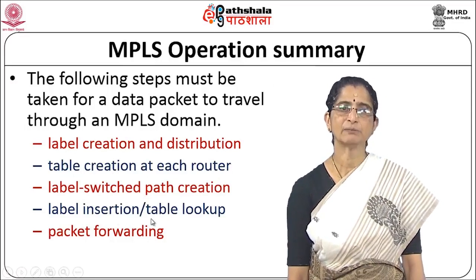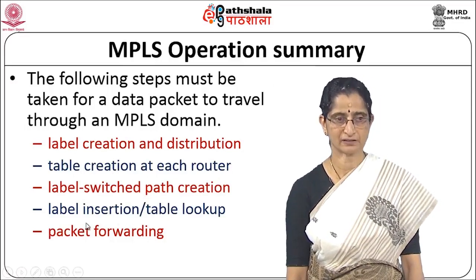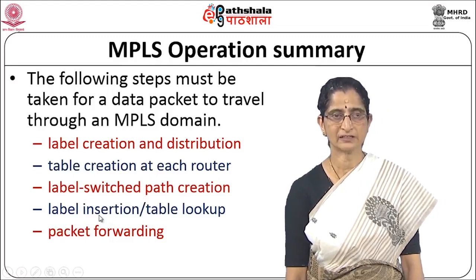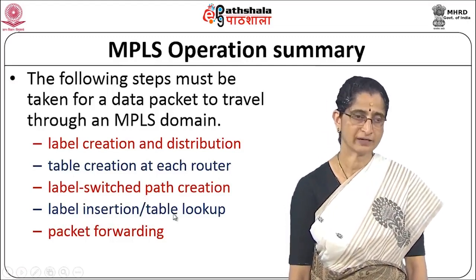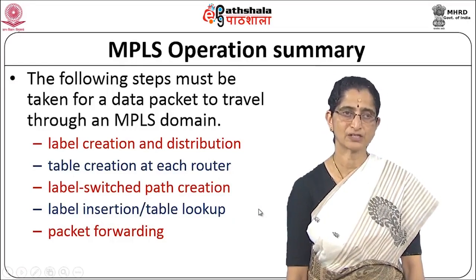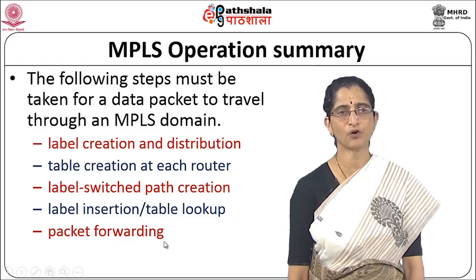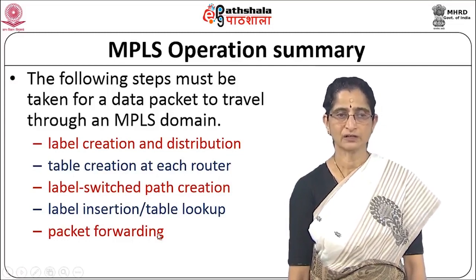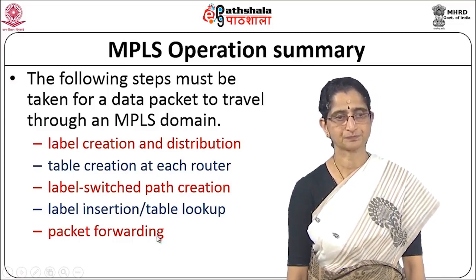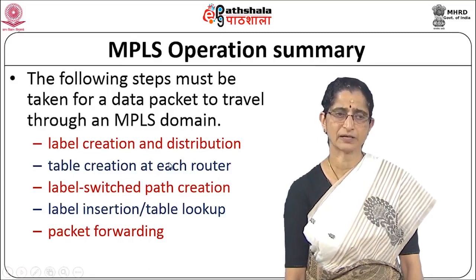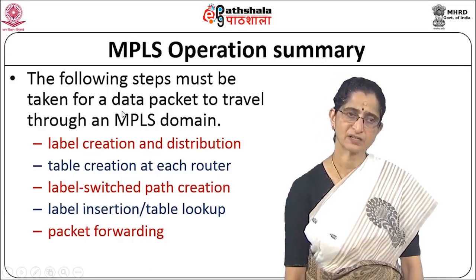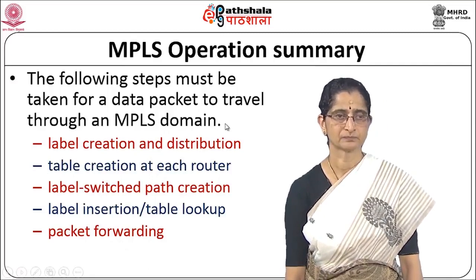Label insertion and table lookup will have to be done as the packet comes in: at the ingress, labels have to be inserted, and table lookup will have to be done at all the intermediate routers. And of course label removal has to be done at the egress router, and packet forwarding is to be done at each of the intermediate LSRs, right. So these are the basic steps that we need to remember as far as routing within an MPLS domain is concerned.